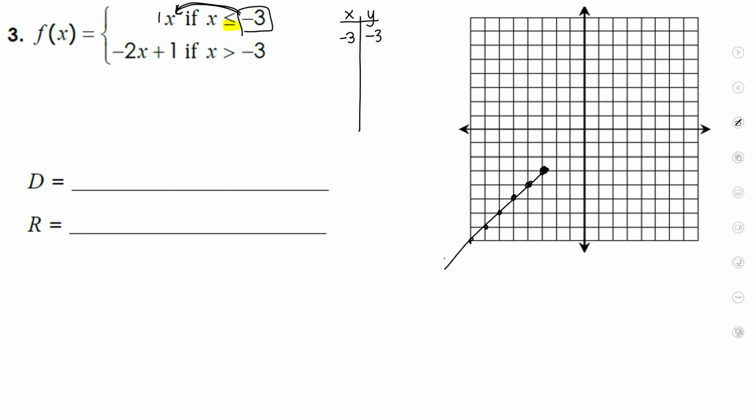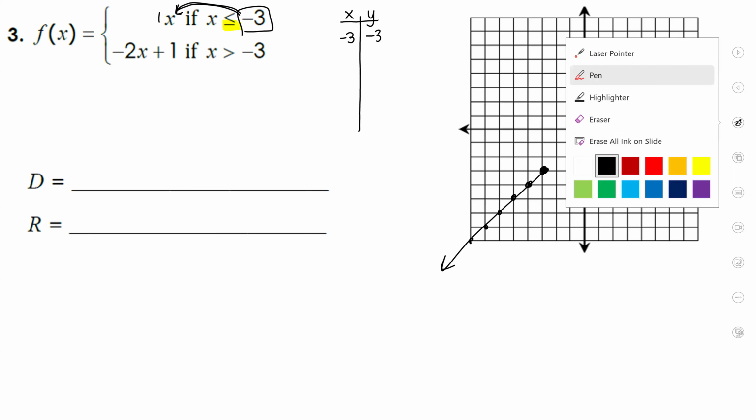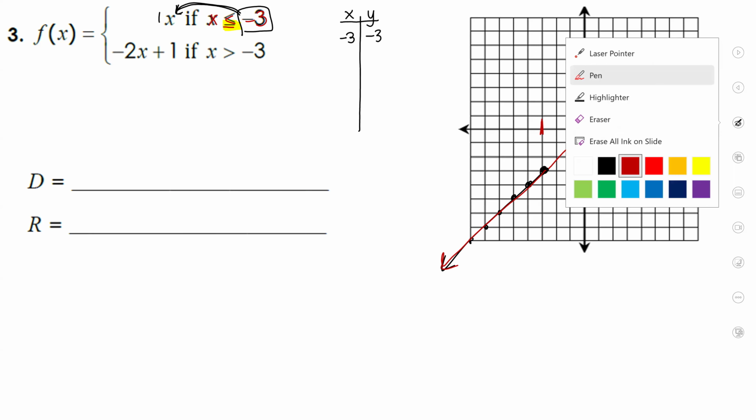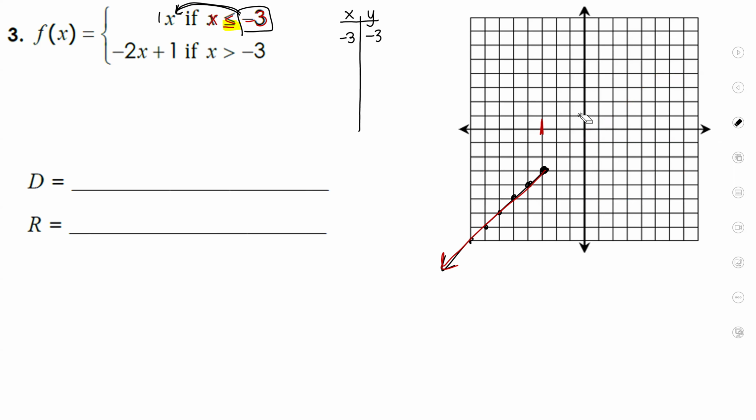This is the line, that's the slope. Question, why am I not continuing the line this way? Yes, it says x has to be less than or equal to -3. This is -3 here. So I need to be on the left side of -3. So I'm not continuing the line on this side.